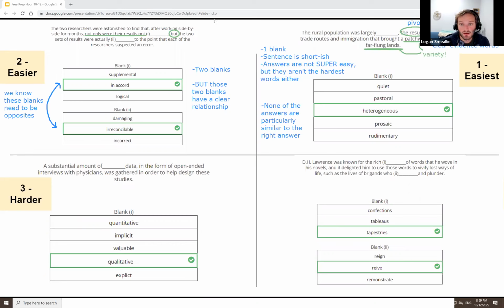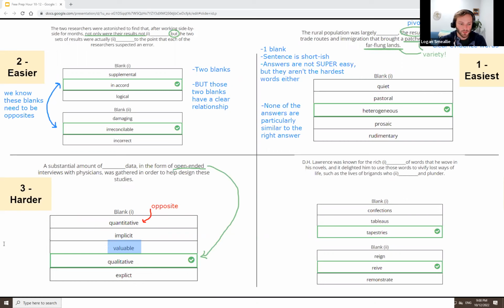We have an opposite. There's a lot of opposites, which sounds like it might make it easier, but statistically, a lot of people pick the opposites. And then if we look at some of these other blanks, some of them are ones that if you sort of read back the sentence, especially I think valuable, if you just read that sentence without looking at the word qualitative, I think valuable could make a lot of sense.